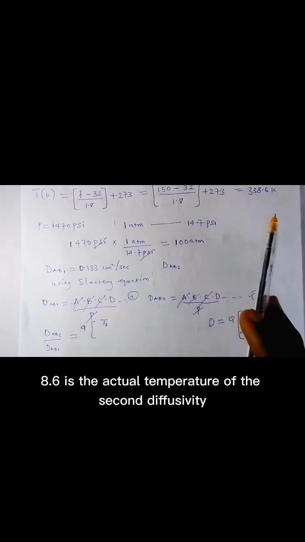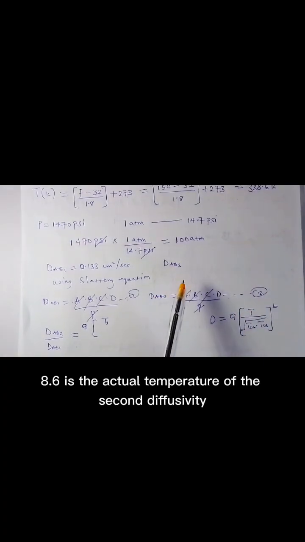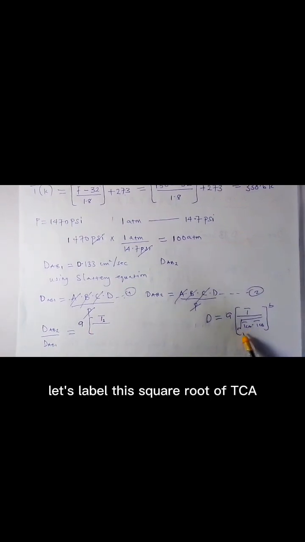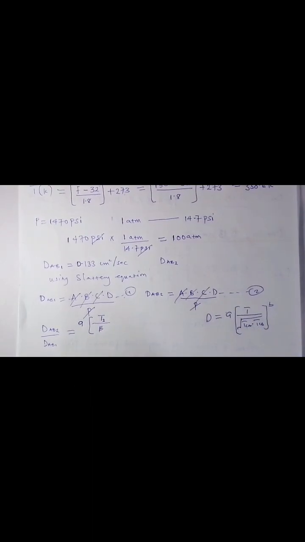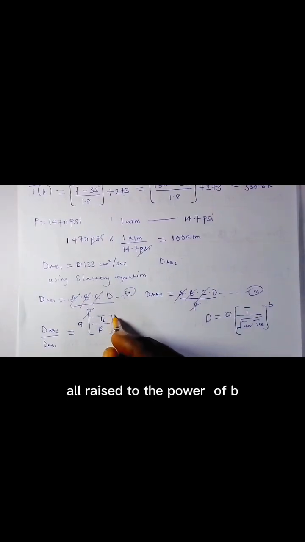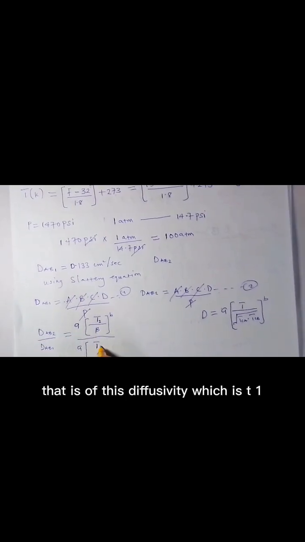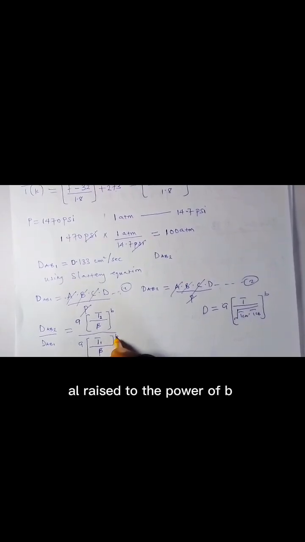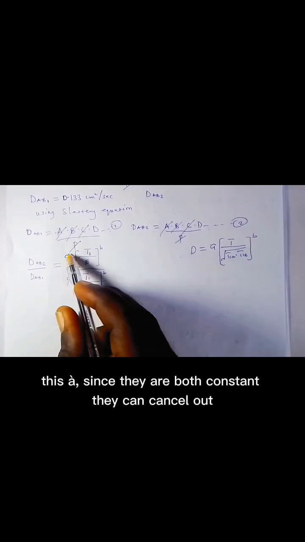That is 338.6, the actual temperature of the second diffusivity you are standardizing to, divided by the square root of TCA multiplied by TCB, which we label as delta, all raised to the power of B, divided by A into bracket actual temperature of 1, that is T1, divided by the same delta, raised to the power of B. This A, since they are both constant, cancels out.